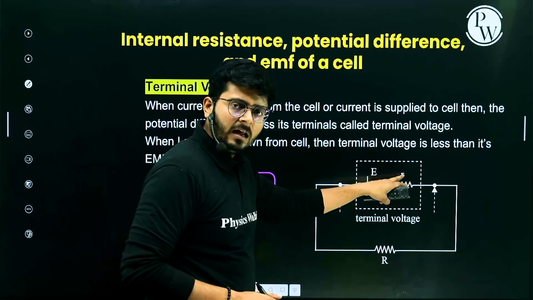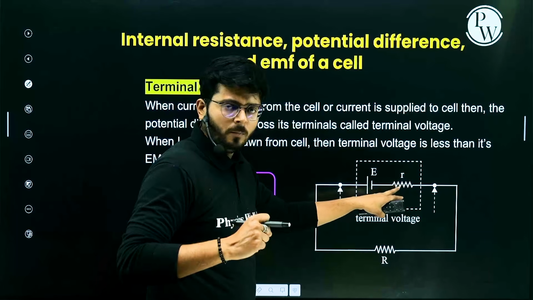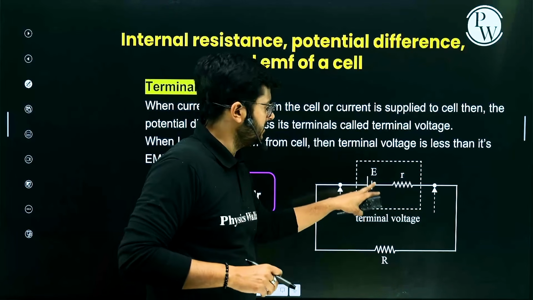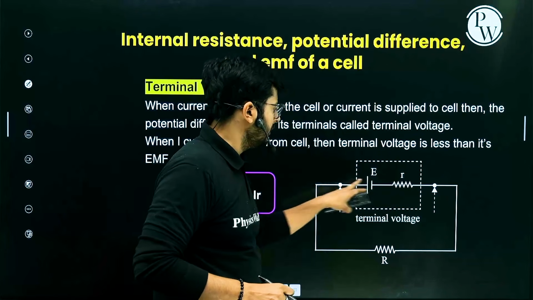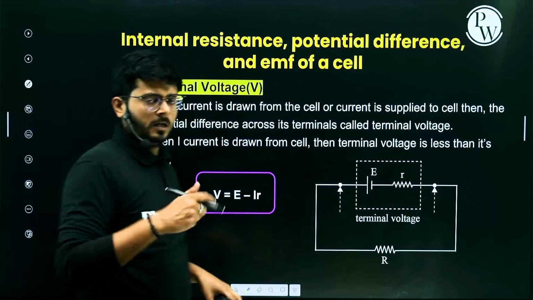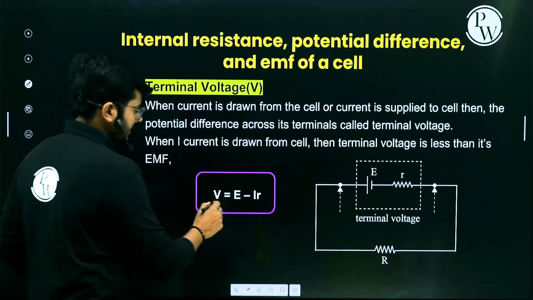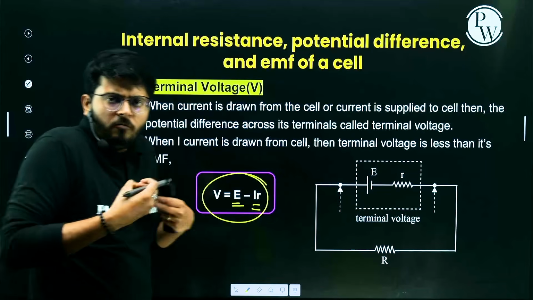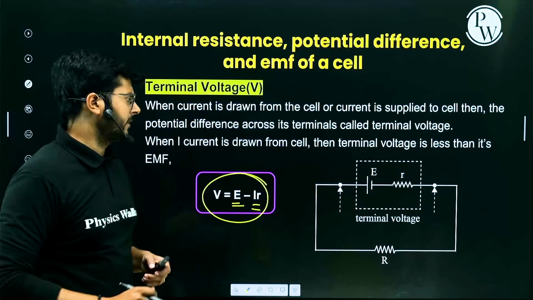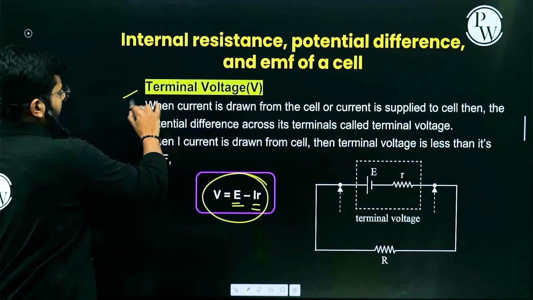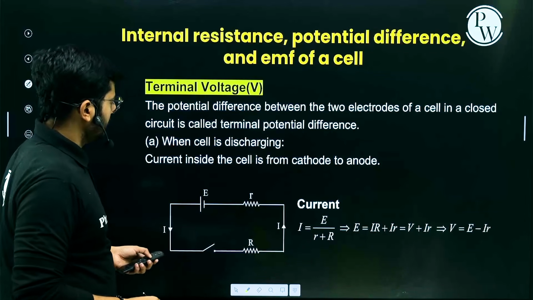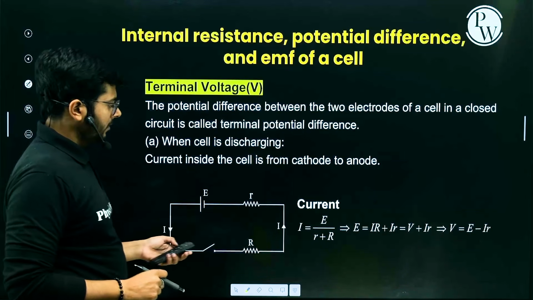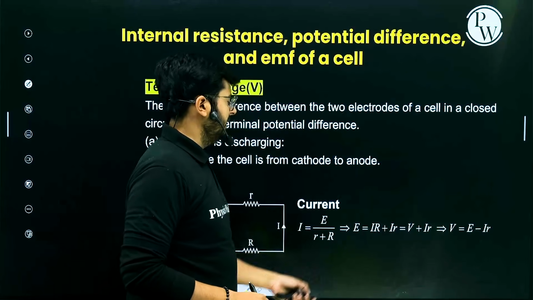So I times small r will be the potential drop caused by the battery due to its own resistance. So E minus Ir you will get at the outer terminal while the battery is discharging. E minus Ir is the potential difference that will be offered by the battery to the external circuit. I believe the idea is very, very clear. The current in this situation will be E upon R plus r.